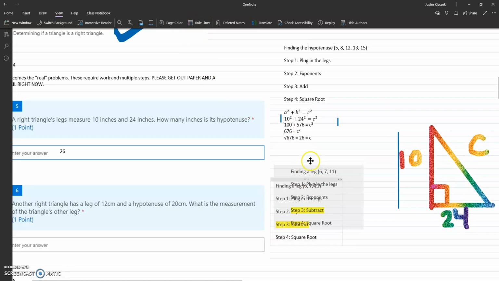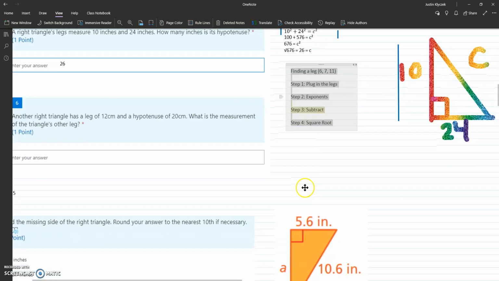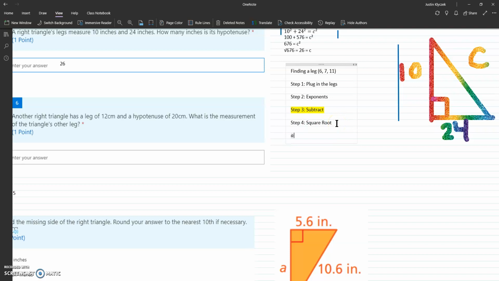So if we follow these steps, let me go ahead and throw these over here a little bit, go down. All right, so step number 1. Write our formula. A squared plus B squared equals C squared. I consider that like step 0 because I just always write it down. All right, we're going to plug in a leg and a hypotenuse. Now this time, one of our legs is 12, the hypotenuse is 20.